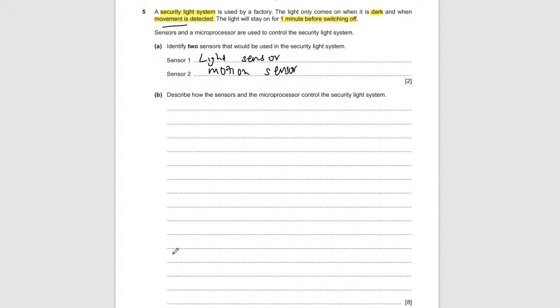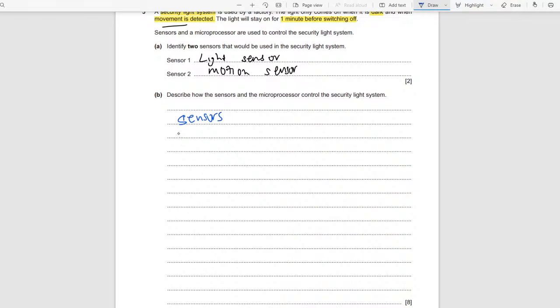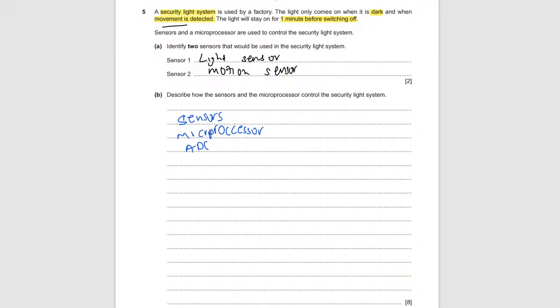First of all, you have to talk about the sensor. Secondly, you have to talk about microprocessors. Without microprocessors, you cannot get your marks. The next thing, you have to talk about something called the ADC, which I'll later explain if you don't know what ADC is.